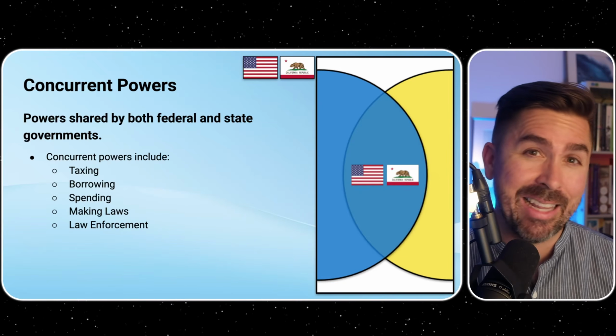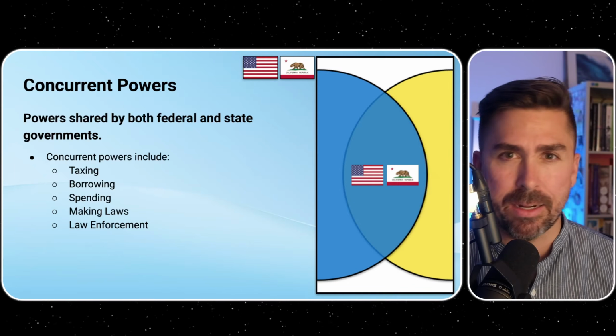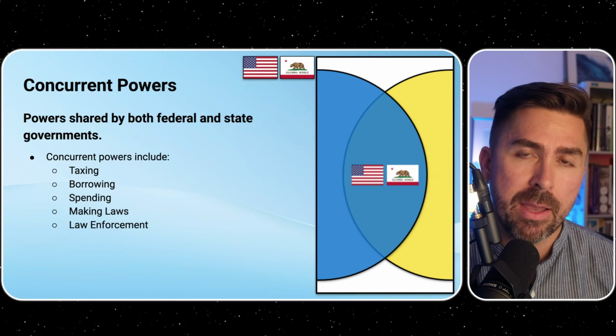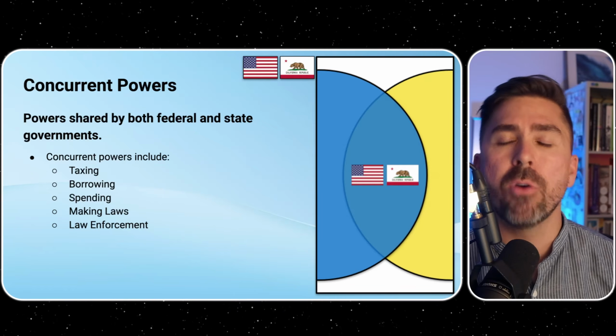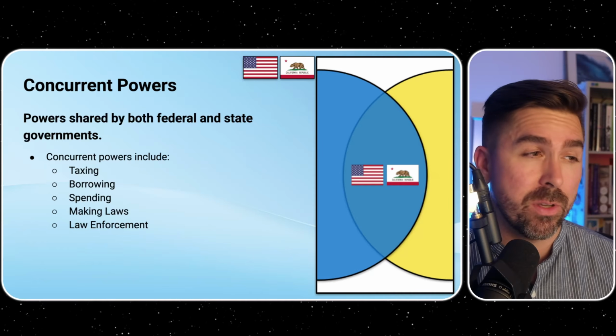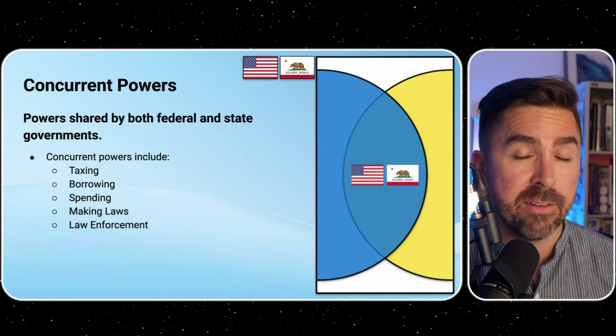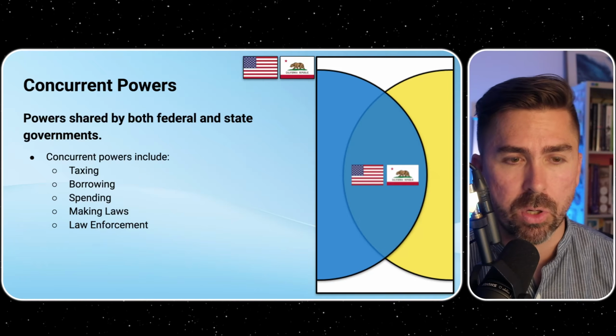Think about the LAPD or the Los Angeles County Sheriffs. These are technically an extension of the California state government. And if you're breaking state law, you're going to end up in state courts. So both levels of government have the ability to make laws and also to enforce those laws through the executive branch and to have people go through those court systems as well. Concurrent powers happening at the same time.